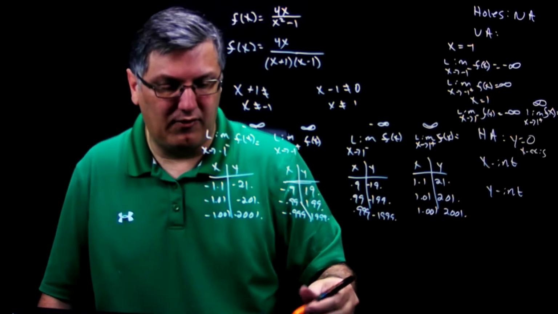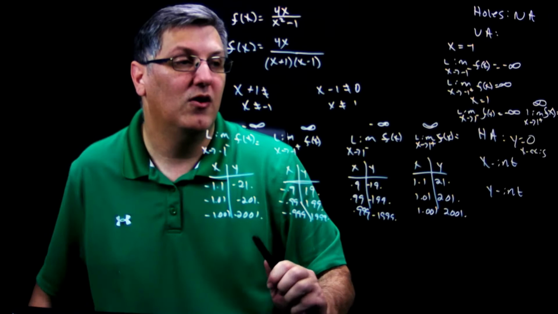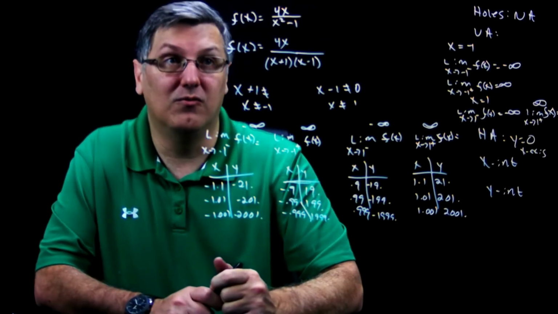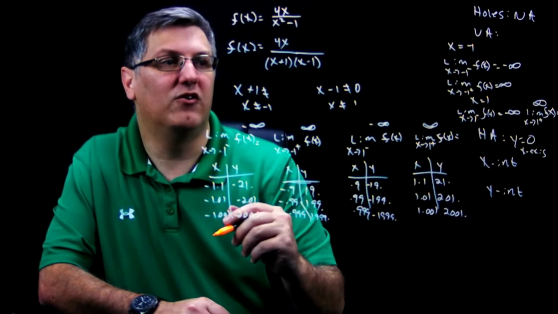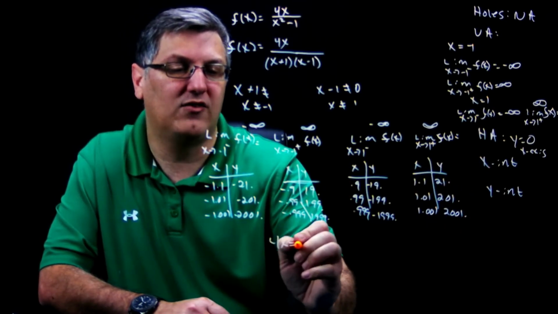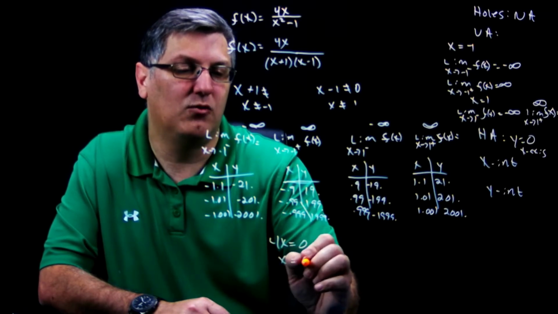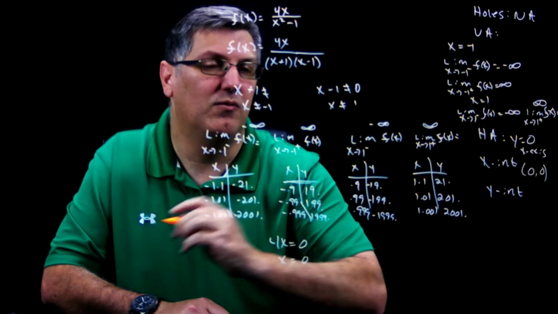So all I have left to do to figure out this graph is the x and the y-intercept. Well, these are actually going to be pretty easy to do. So before I erase, let's find the x and y-intercept. To find the x-intercept, we set the numerator equal to 0. So I have 4x equals 0. Therefore, x equals 0. We're going to divide by 4. So my x-intercept is going to be 0, 0.